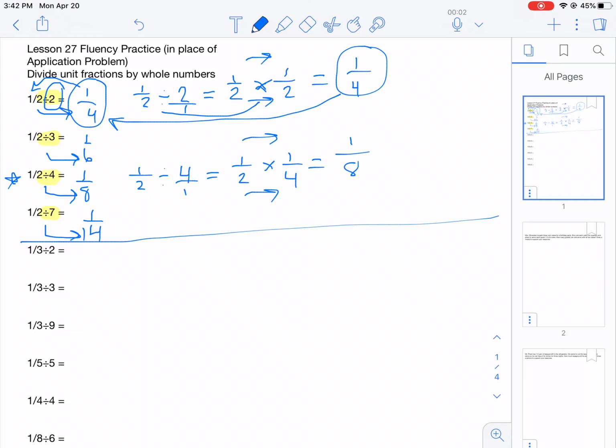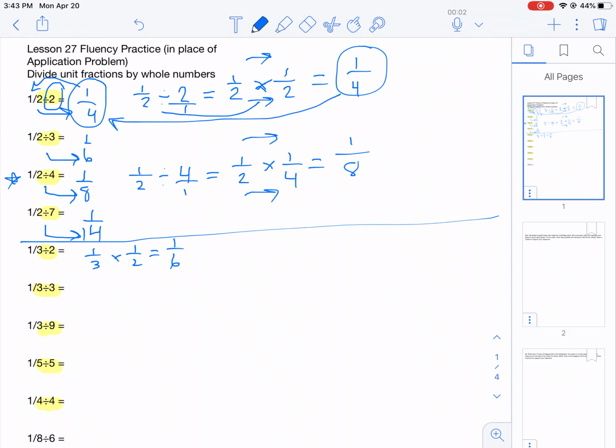So 1/3 divided by 2 is the same thing as 1/3 times 1/2, which gives us 1/6. That is your answer. Remember that we are using these two numbers and multiplying them together. The numerator stays, and you just multiply those two numbers together.